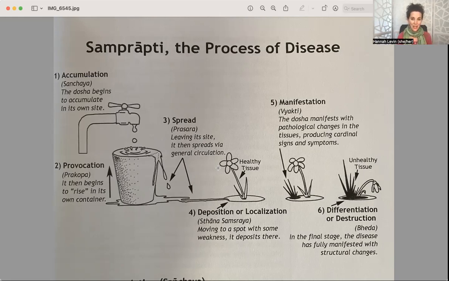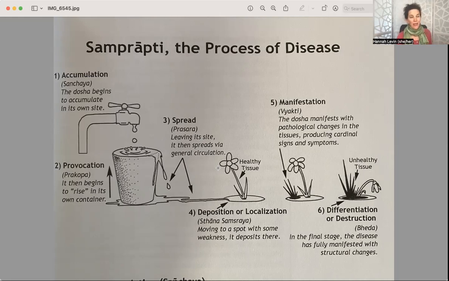And then at this stage, they start to move into tissue layers, which are the dhatus, which are different from what we understand tissue to be from Western science, but it begins to break down the tissue as it goes into the next layer of manifestation.